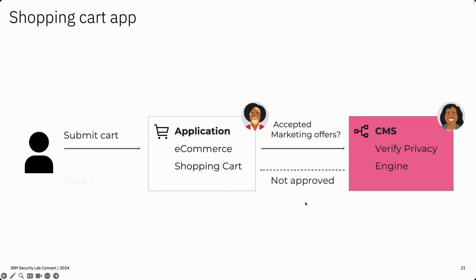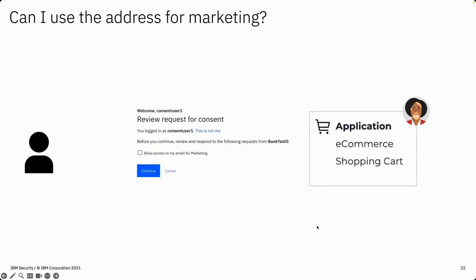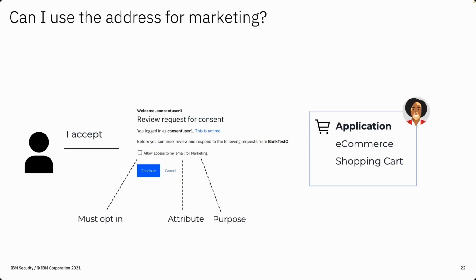If not, then it asks the user whether you consent or not, and the user is prompted with a form. So if you see, the user is prompted with a form where the user just clicks the checkbox, and here the attribute is email and purpose is marketing. So basically you're allowing access to the email ID for marketing purpose. You are giving this consent to the application.